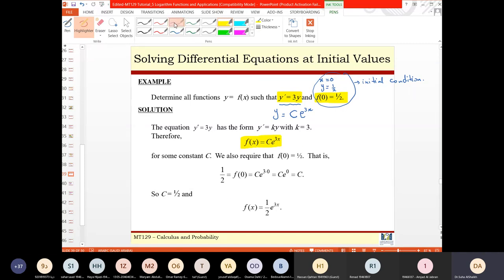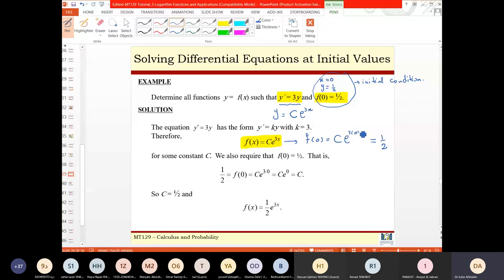Since they said that when x is 0, y is half, let me come here, change x with a 0, change y with a half. So f of 0 means c times exponential 3 multiplied by 0, and I know this equals half.